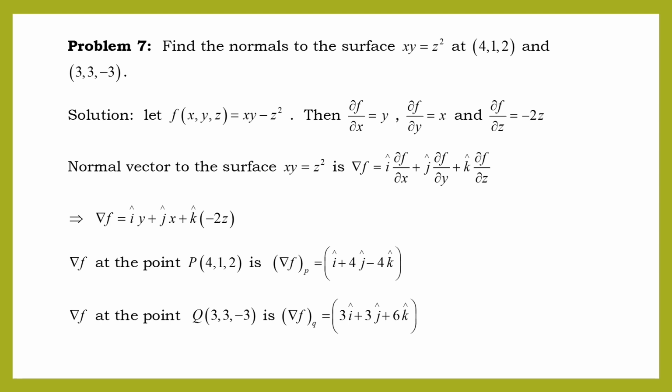But we are given 2 points. Say P equals 4, 1, 2 and Q equals 3, 3, minus 3.